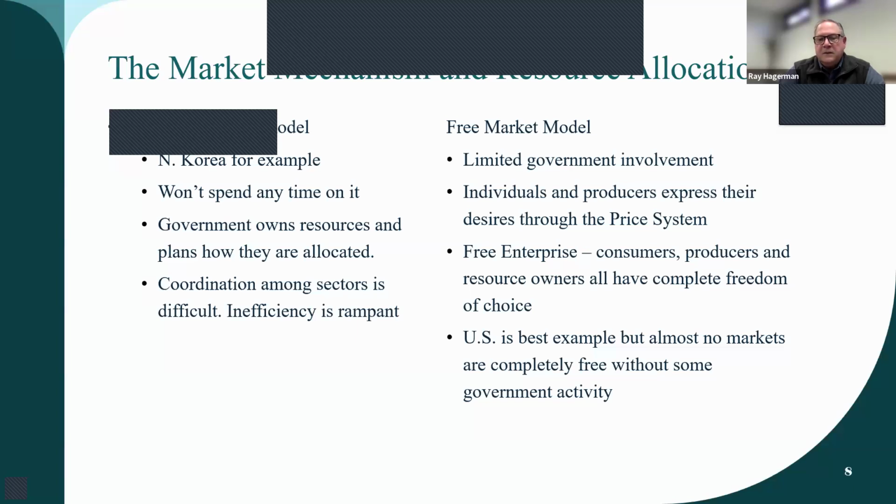That person owns land, owns building, interjects capital, but they don't actually produce it, and they are not considered consumers in that respect. So that's what a resource owner is. But everybody has complete freedom of choice in this model, and that's important because we need to make sure that there's not any outside influences at this stage. But we'll talk about those that do affect it here in just a second.